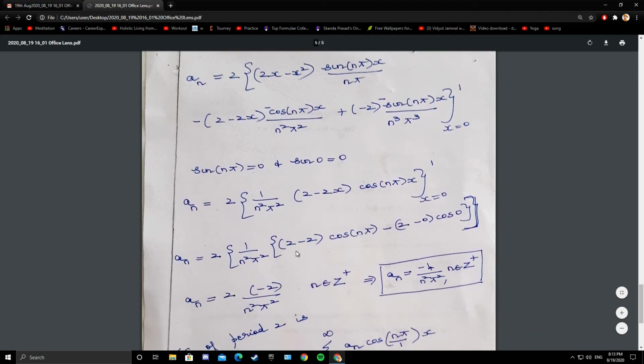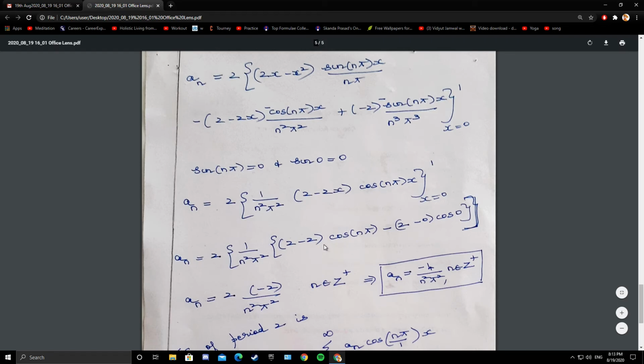Now if x takes the upper limit 1, 2 minus 2 cos of n pi. If x takes the lower limit 0, 2 minus 0 cos 0.